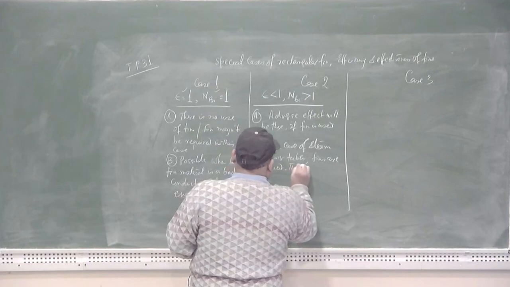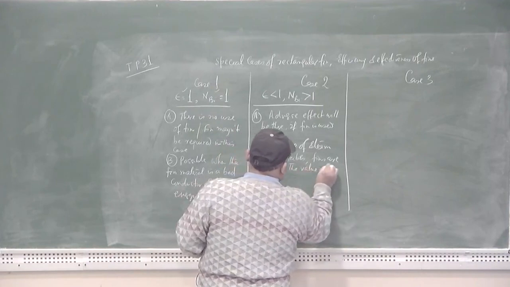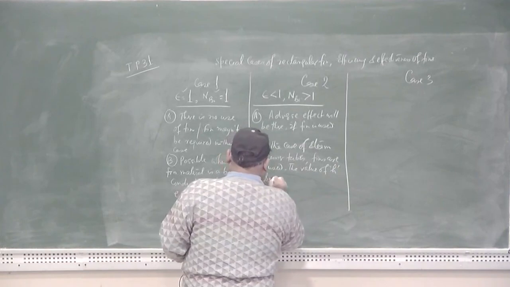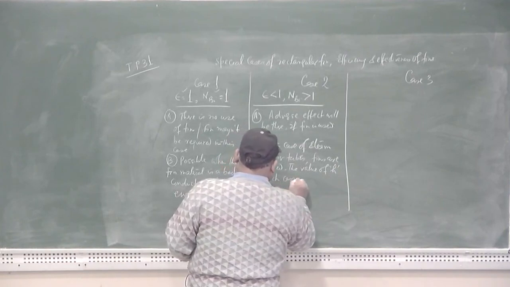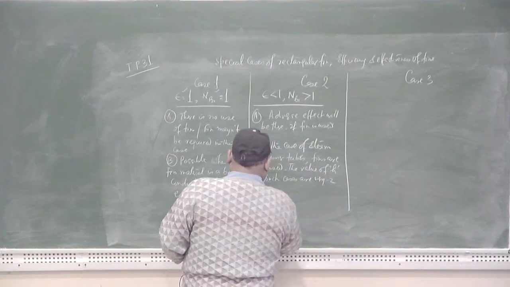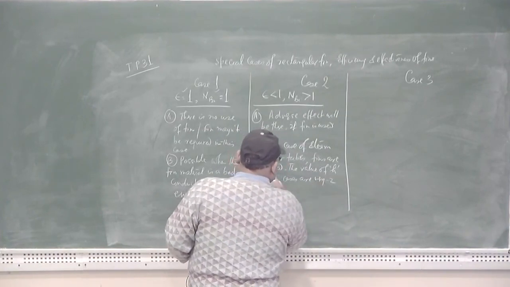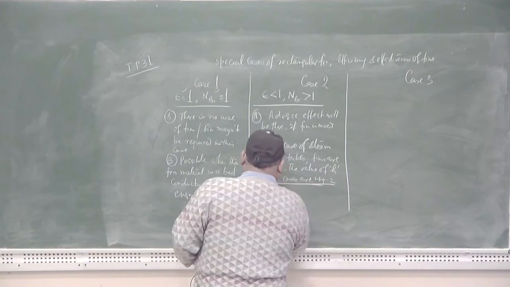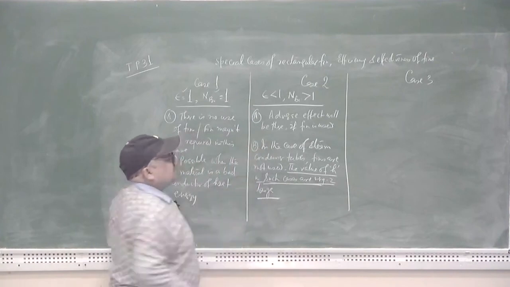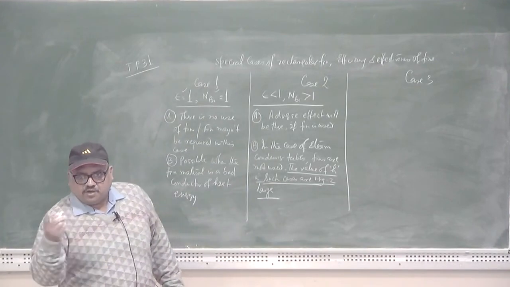The value of the convective heat transfer coefficient in such cases is very, very large. And due to this fact, if the value of h is very, very high, then there is an adverse effect on the heat flow if you are utilizing a fin.